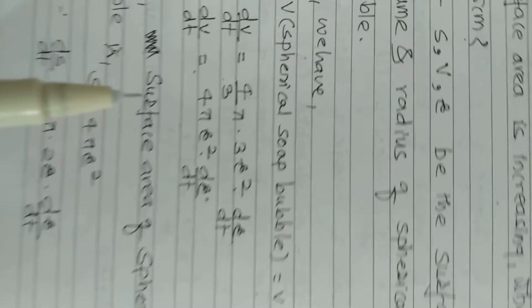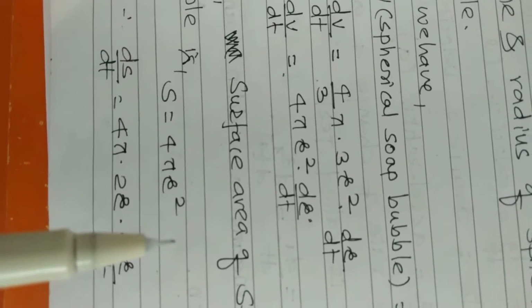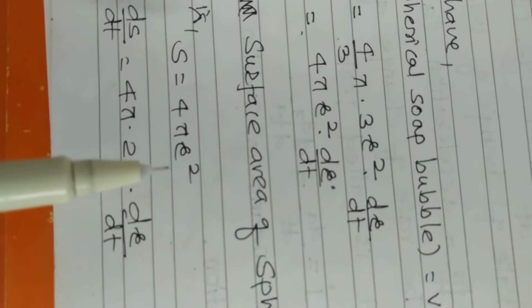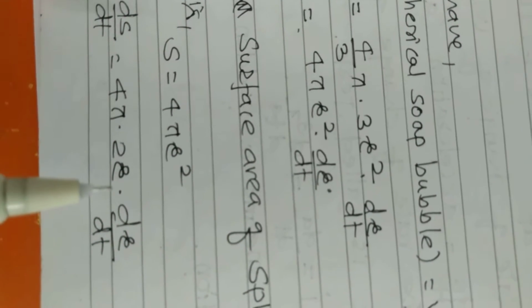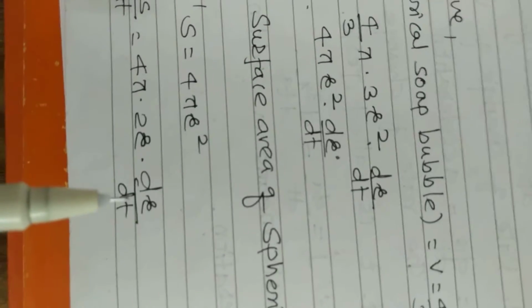So dr by dt. Now the surface area of the spherical soap bubble is S equals 4 pi r square. So again we have to differentiate this with respect to t. So ds by dt equals 4 pi as it is. The derivative of r square is 2 into r raised to 2 minus 1, which is only r, into dr by dt.